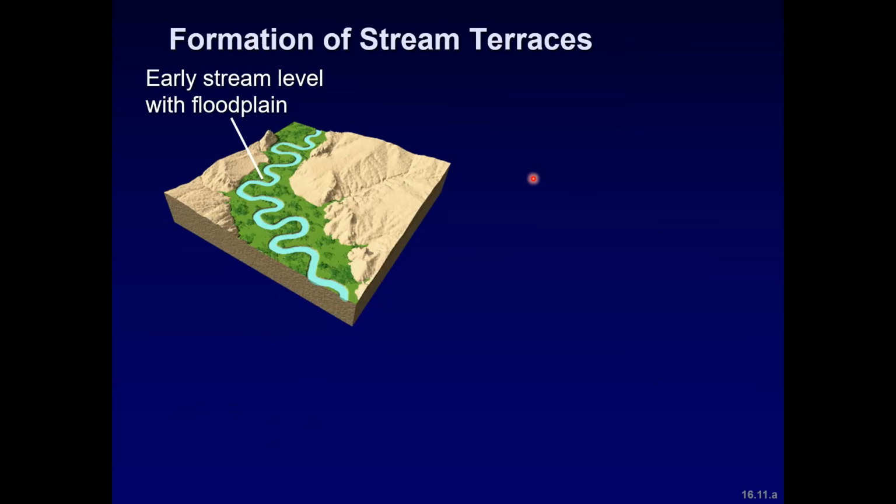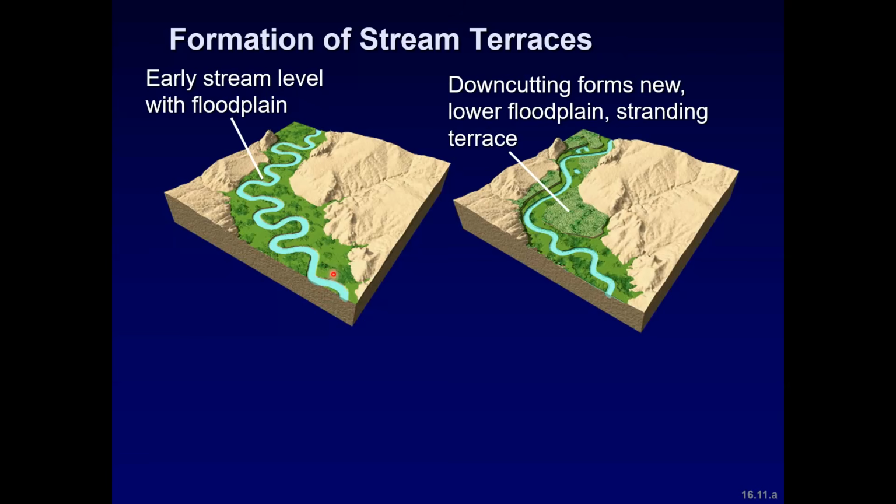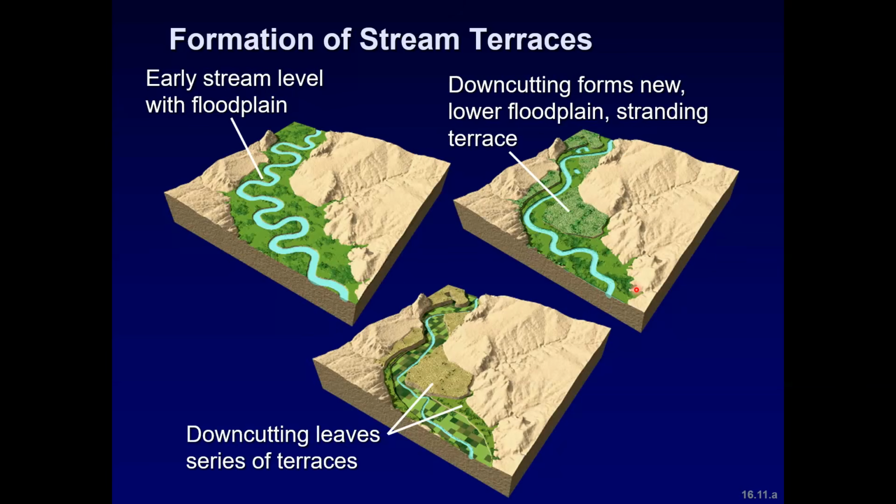So the formation of these could be as such. You've got an early stream that's level with its floodplain. Over time, the stream downcuts and forms a new lower floodplain. And then there's a terrace left behind. The stream continues downcutting, which leaves each previous floodplain as a terrace above the stream. So understand that the highest terrace formed first, followed by each successively lower terrace.